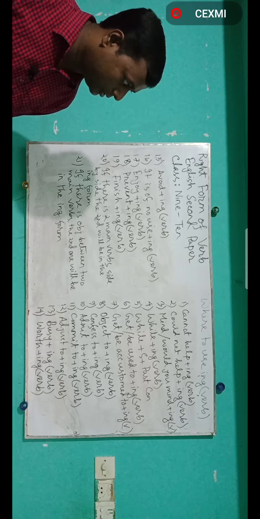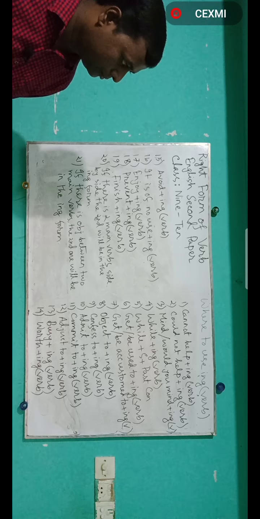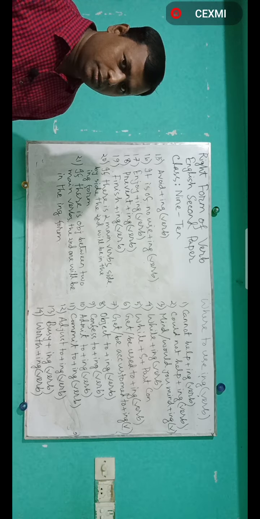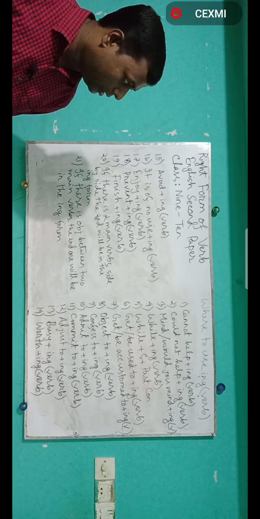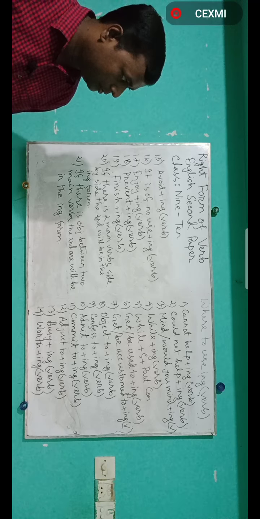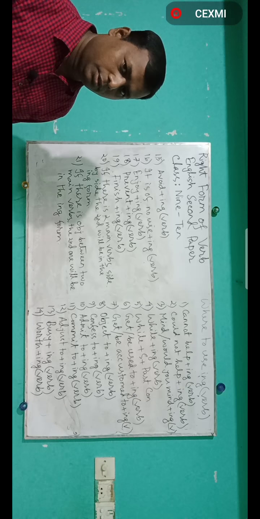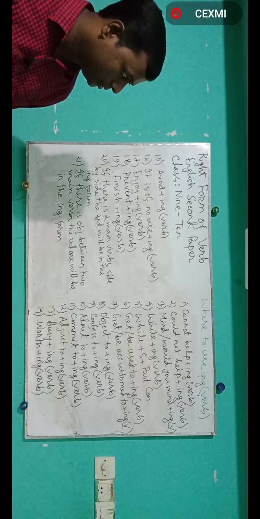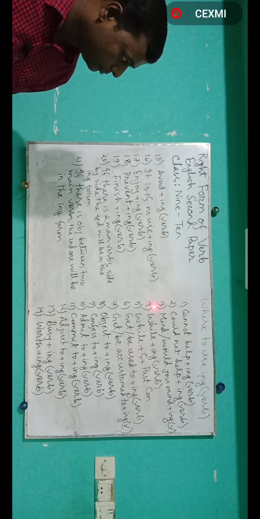Can you give an example of this rule? I am giving an example of this rule. Please write down in your exercise book. I could not help laughing, or I could not help going, or I could not help reading. Dear students, then come to the next one.